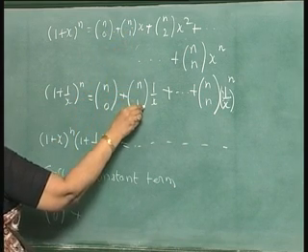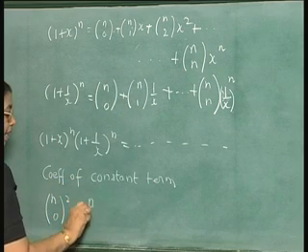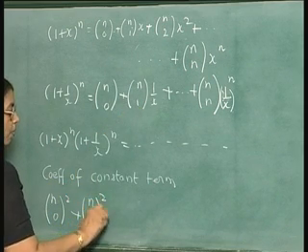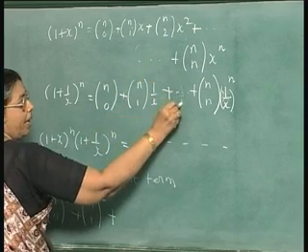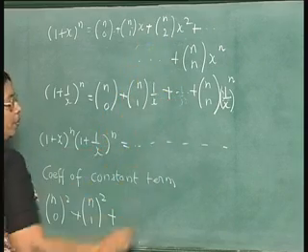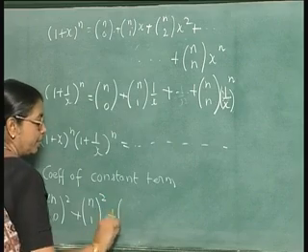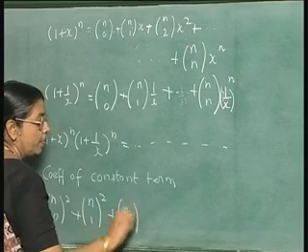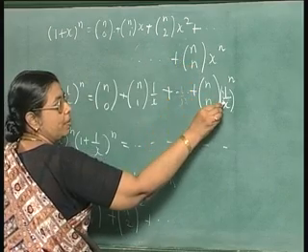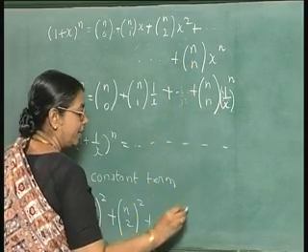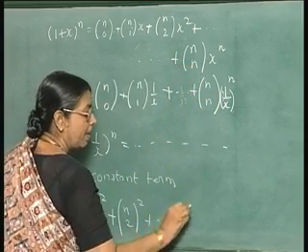This and the coefficient of 1 by x squared will give you a constant term. So, that is nC2 squared and so on. And lastly, when you multiply this by this, you get a constant term, and that is nCn squared. Thus, you get the left hand side of the expression which we want to prove.